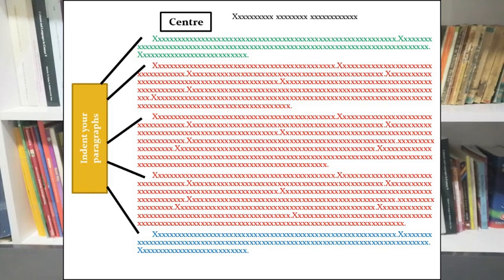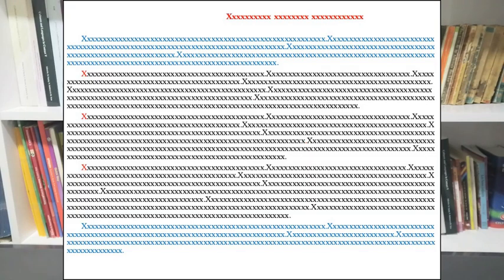The other important thing about the structure and organization of your essay is related to the length and size of your paragraphs. Apart from the title, you will notice that the introduction and the conclusion paragraphs are a little bit smaller than the body paragraphs.